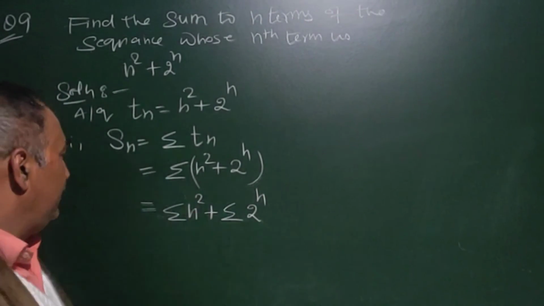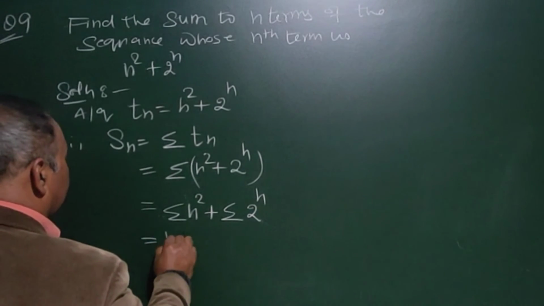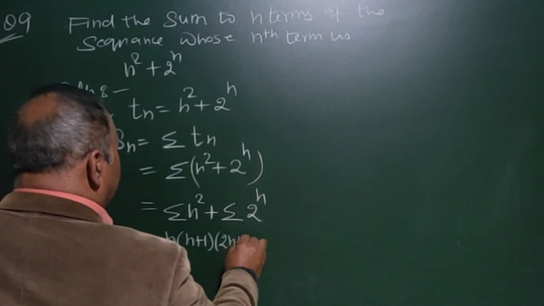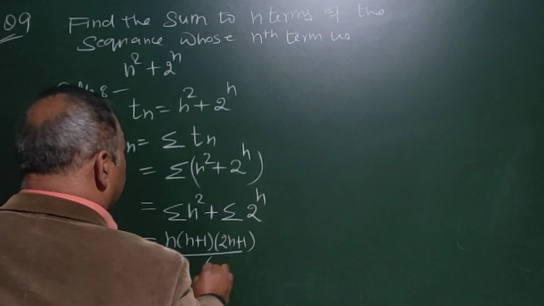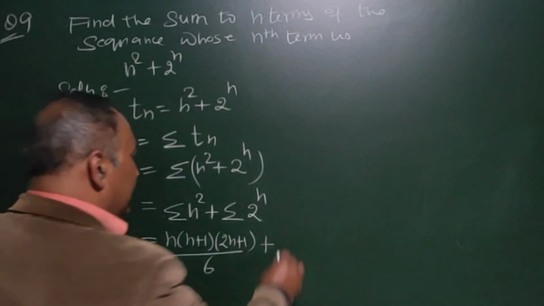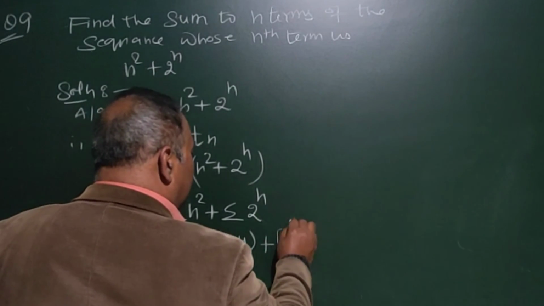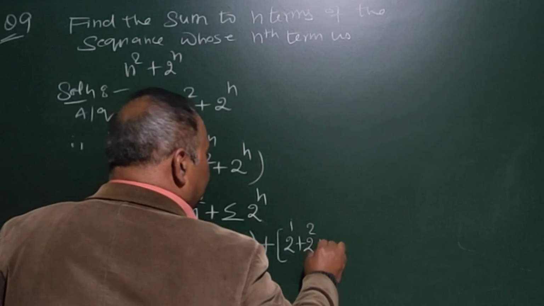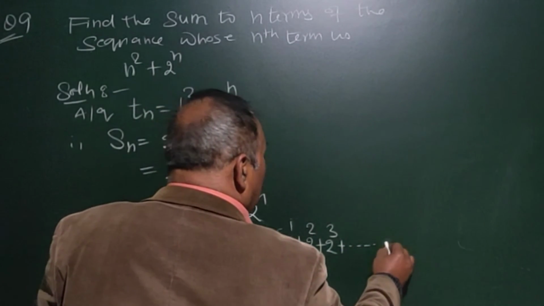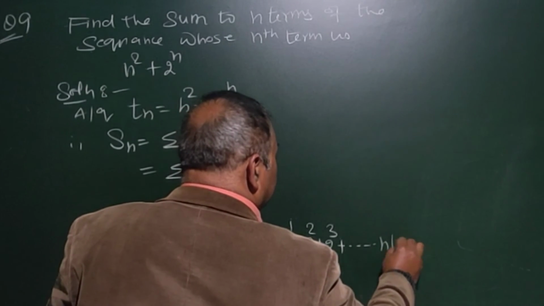Sigma n square, the value is n into n plus 1 into 2n plus 1 upon 6, and plus 2 raised to power n becomes 2 raised to power 1, 2 raised to power 2, 2 raised to power 3 plus dot dot dot up to n terms.